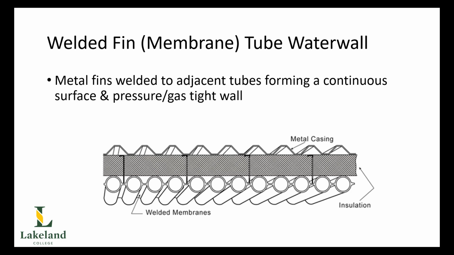And this is what gives us our membrane as it forms a gas tight seal. So in this example, there is no requirement for a gas tight outer wall like there was on the last one, because the water wall itself is gas tight. It's then just simply backed up by layers of insulation and then our metal rib casing on the outside.